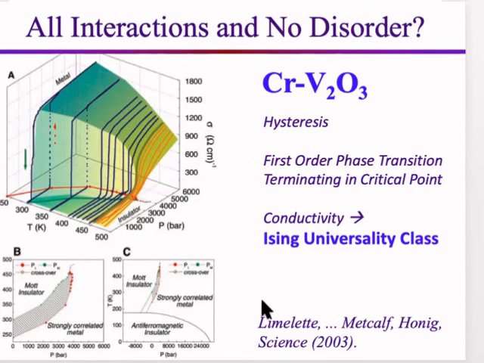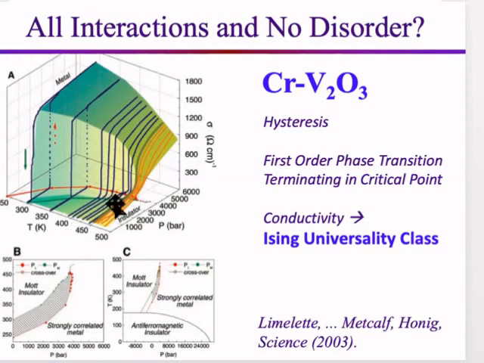And this is work by Limelet and collaborators. Actually, the crystals were grown at Purdue University by Petty Metcalf and George Honeck. They studied then the conductivity of this material as it goes through its metal insulator transition, and they tried to get as close as they could to the critical endpoint.